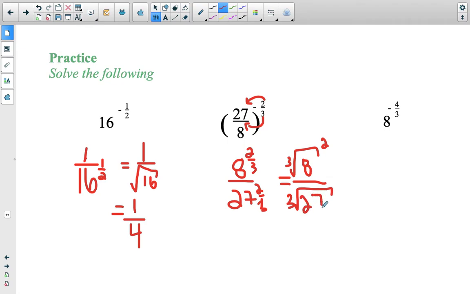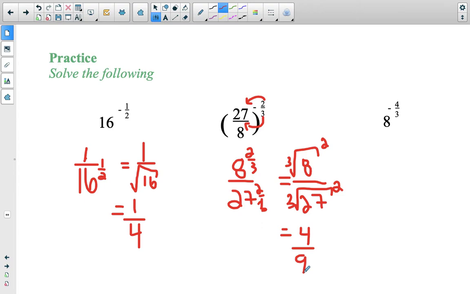If you remember this question from my first video, you will know that the cubed root of 8 is 2, and 2 to the power of 2 is 4. And the cubed root of 27 is 3, because that's 3 times 3 times 3. And then 3 to the power of 2 is 9.